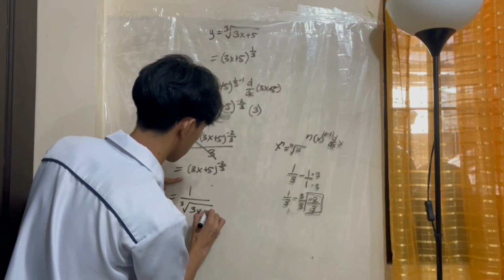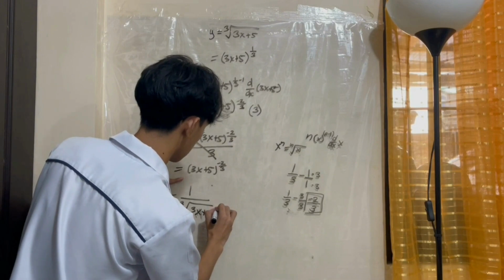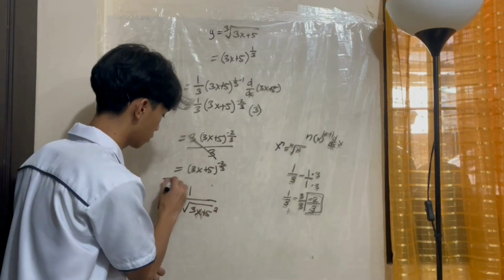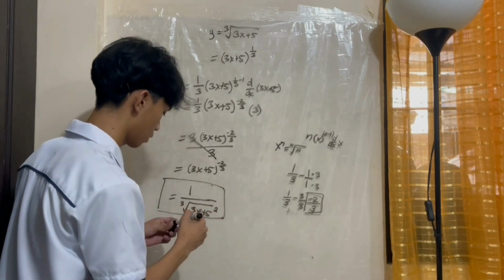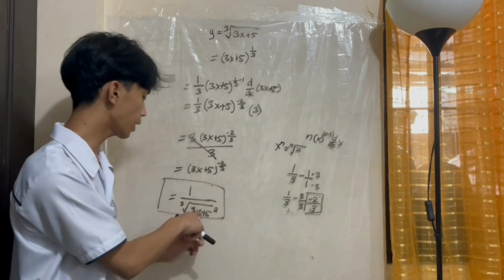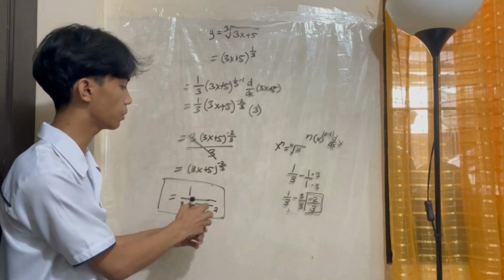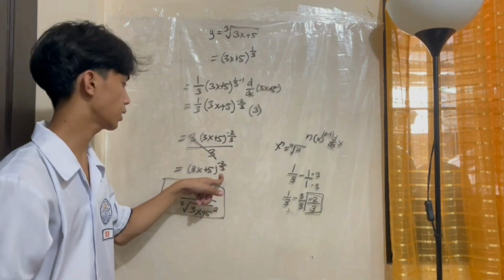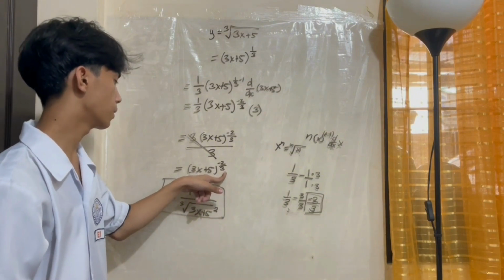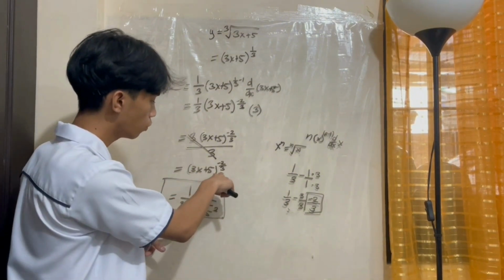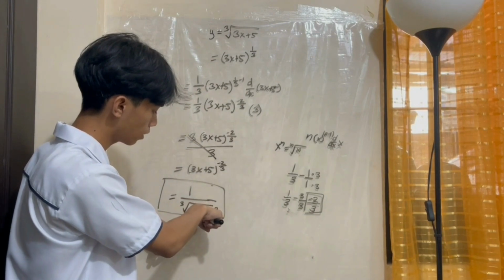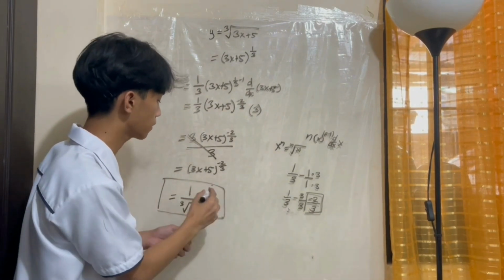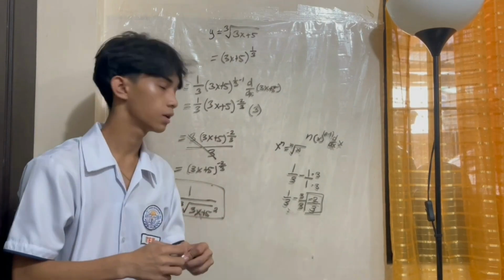Now, we write it as a radical expression because our exponent is negative, so we just move it down to make it a positive sign. That's all.